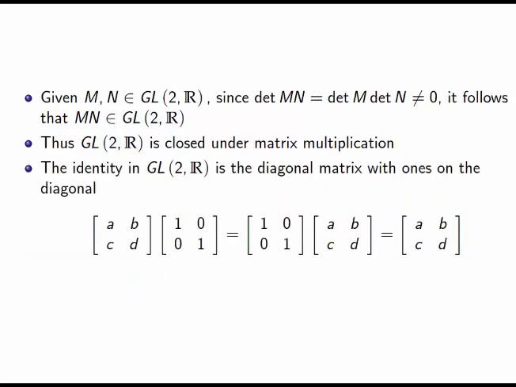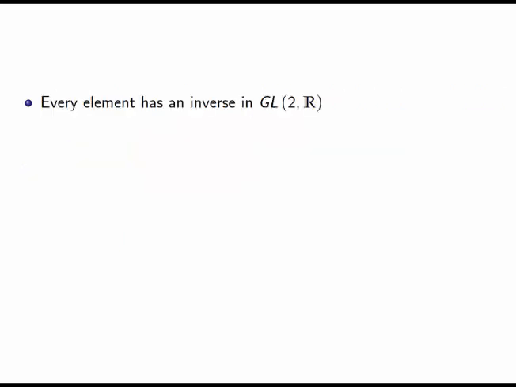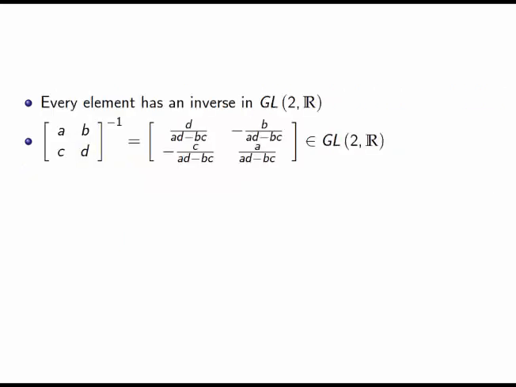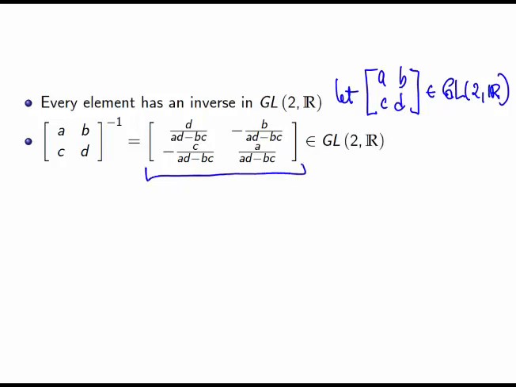Now, one can verify that the diagonal matrix with 1, 1 on the diagonal is the identity. So if I were you, I'd pause the video and verify this for yourself. And every element has an inverse. So indeed, if you let (a, b; c, d) be an element of the general linear group, the inverse of this matrix can be computed as the following matrix with these entries.